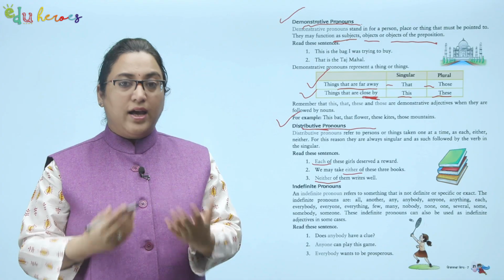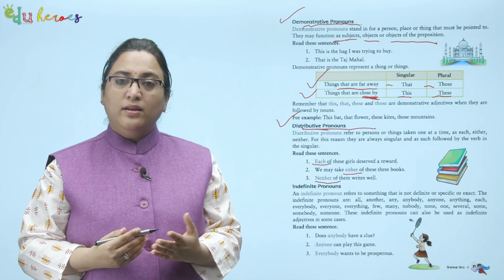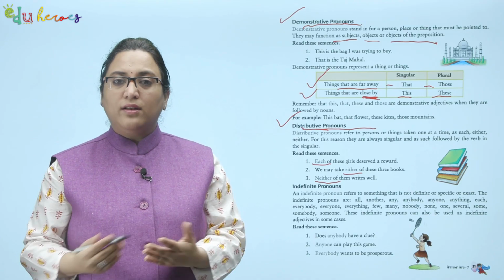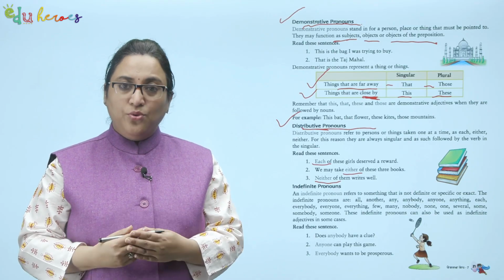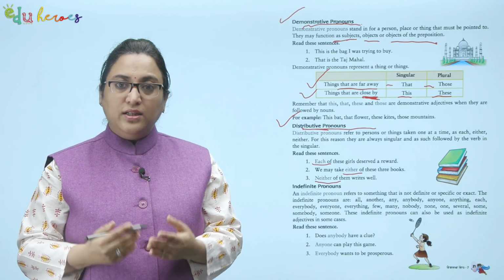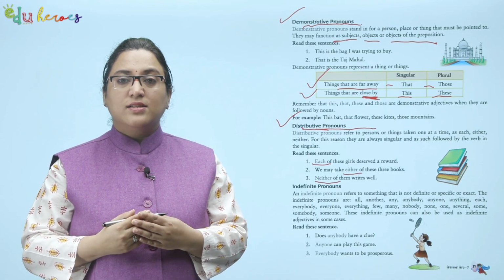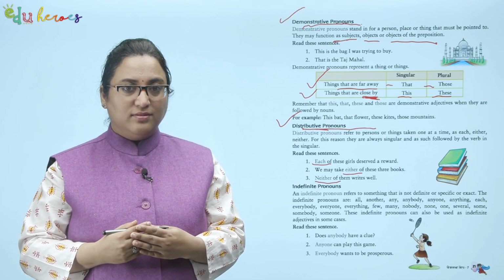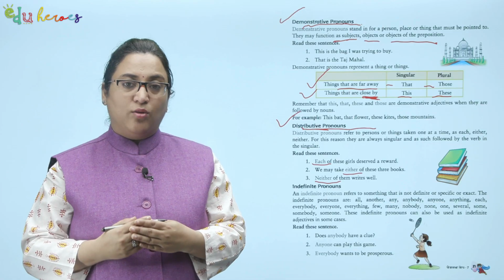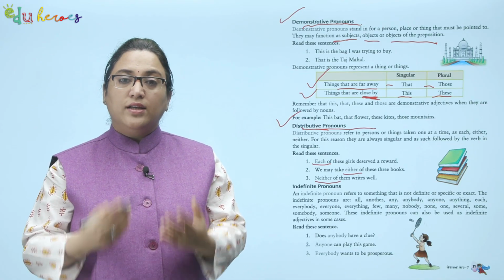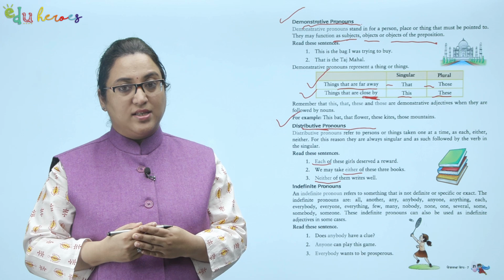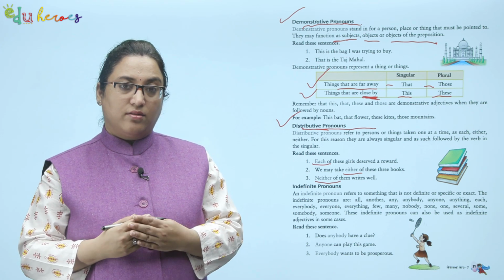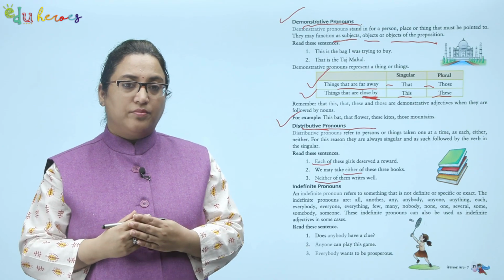All, another, any, anybody, anyone, anything, each, everybody, everyone, everything, few, many, nobody, none, one, several, some, somebody, someone. These indefinite pronouns can also be used as indefinite adjectives in some cases. Most of them do not denote exactness. We don't know how much.